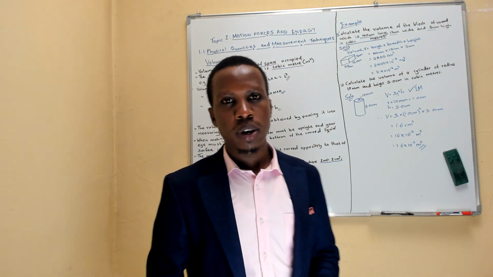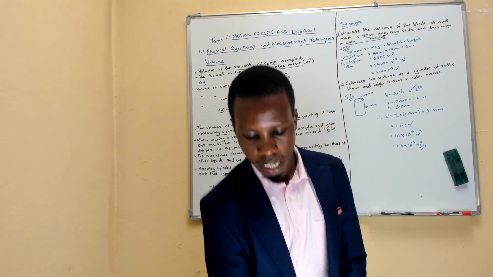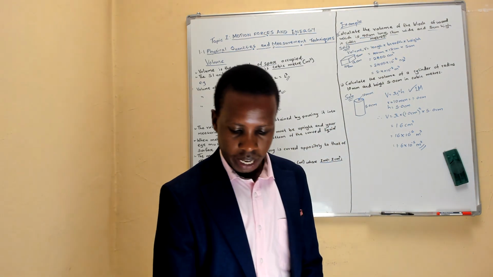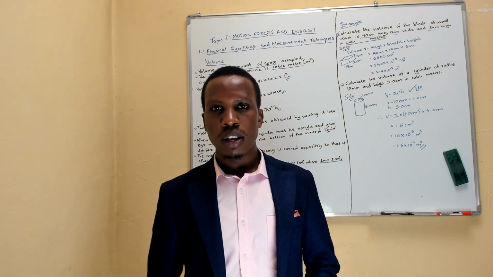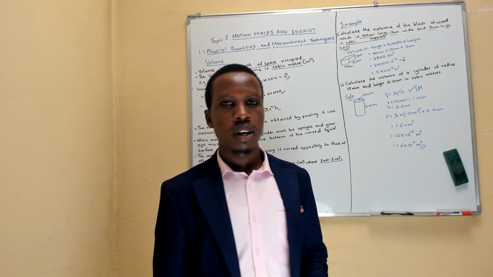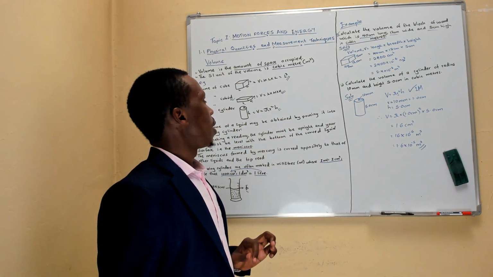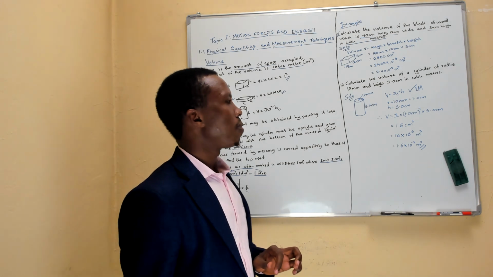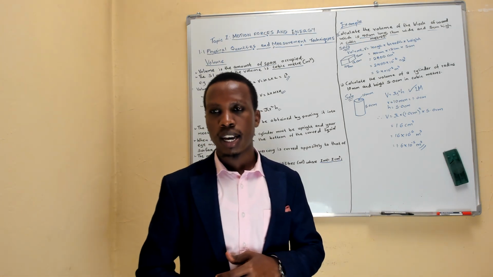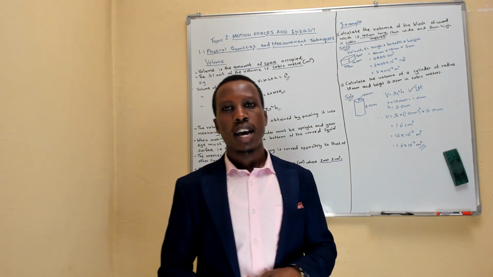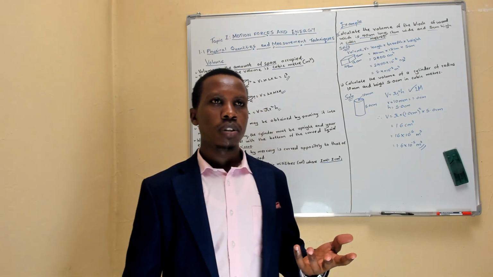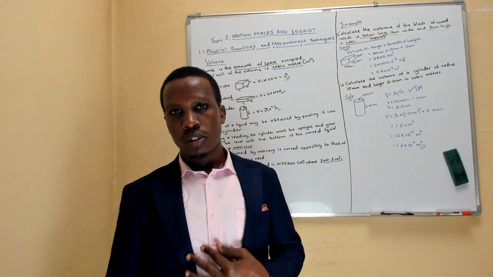The next thing we'll be doing, or the next subtopic, is time. We'll be talking about the most important things we need to know about time, the SI unit of time, the difference in time in given units, and so many things.